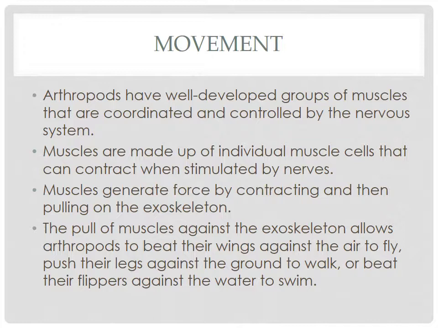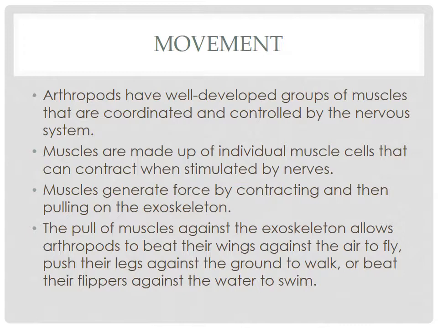So this is very similar to how your movement is coordinated. Muscles generate force by contracting and then pulling on the exoskeleton. Again, our skeleton's inside, but that's essentially what happens to move our skeleton: the nerve stimulates the muscle, causes a contraction, and that contraction of the muscle pulls the skeleton.